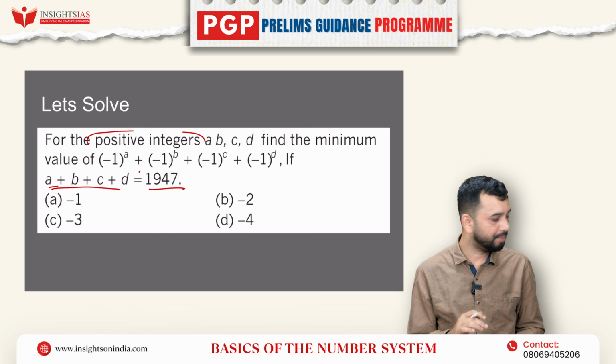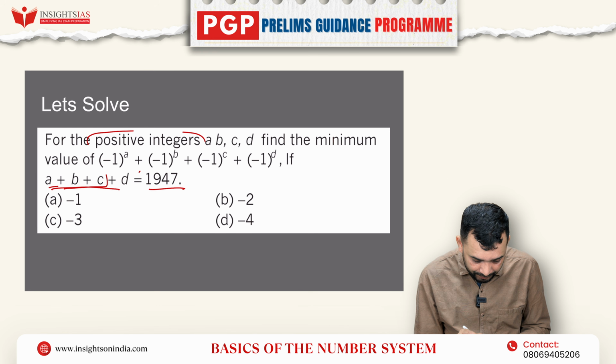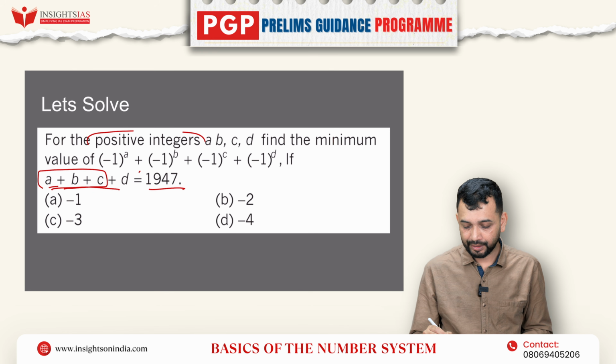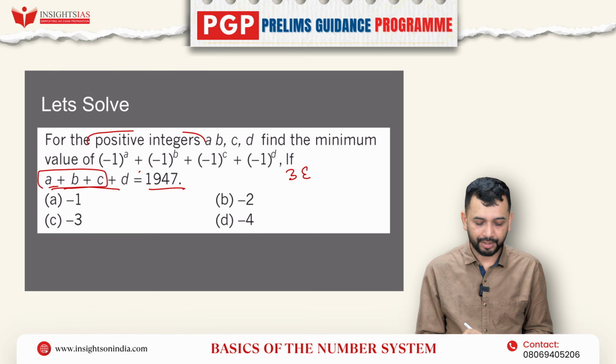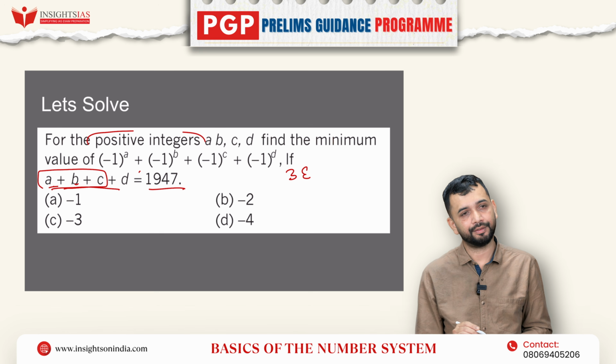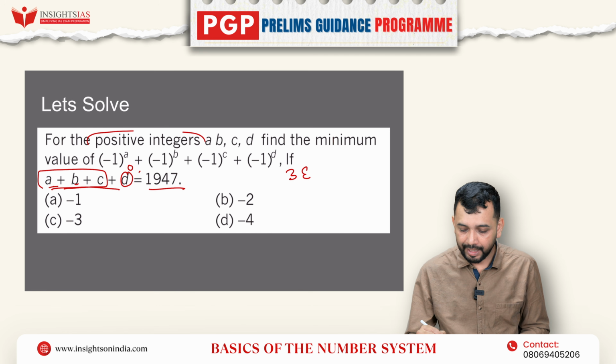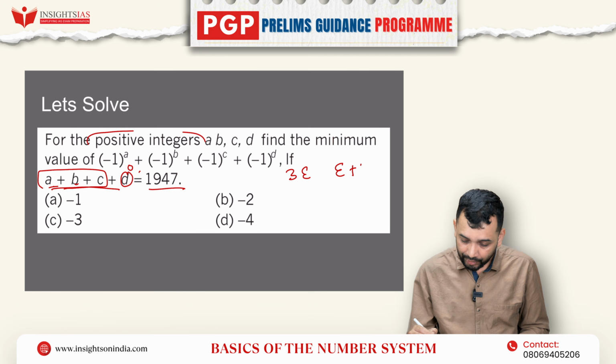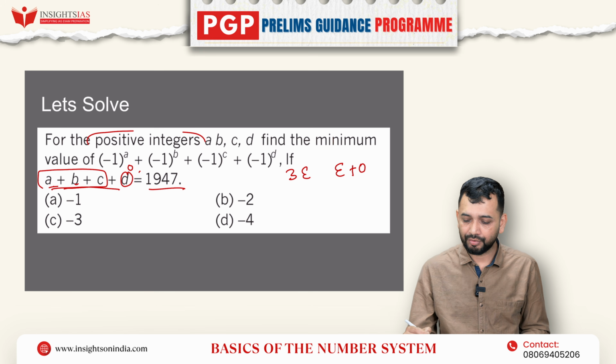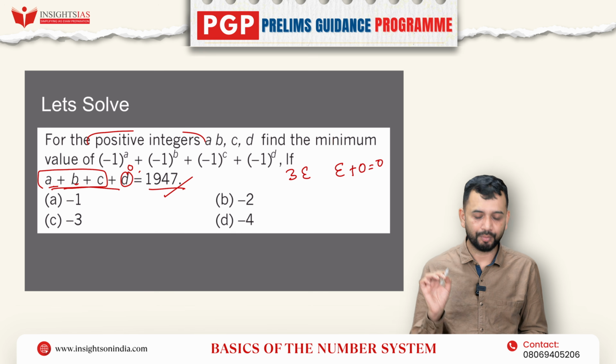So it is possible when you have 3 even numbers: even plus even is even, plus even is even. When you add the 4th one, let's say odd, after adding 3 even you get even, so once you add another odd number to it, the final answer can be odd. So that is one possibility.